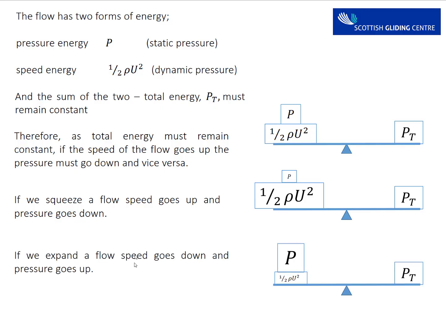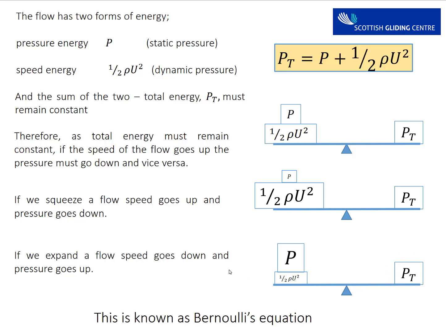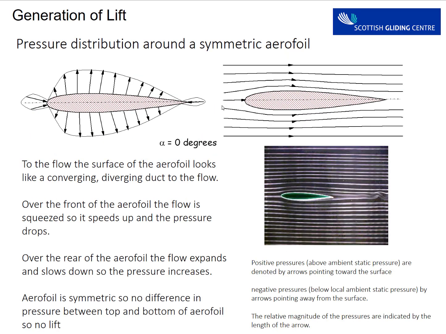And vice versa, if we slow the flow down, then the amount of energy in that dynamic pressure will go down and the static pressure will go up, in order that the total pressure remains constant. And that's Bernoulli's equation, that the total pressure in the flow is equal to the static pressure plus the dynamic pressure. So let's think about how this can create the lift on a wing.